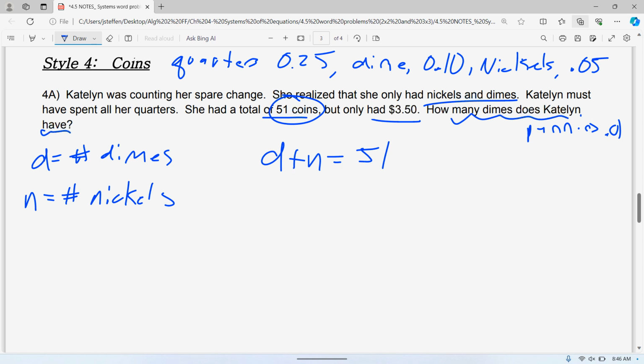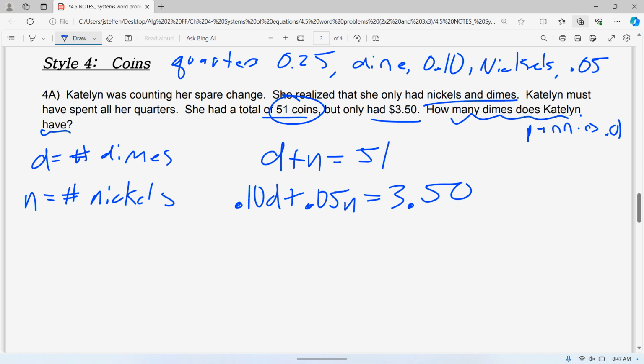Well, if each dime is 10 cents, then there's two ways to do this. What I recommend is to make sure you put 0.10 times D for dimes. Nickels is 5 cents, so make it 0.05. Don't put 0.5, that's 50 cents. And that equals $3.50. So this is one way to do it.